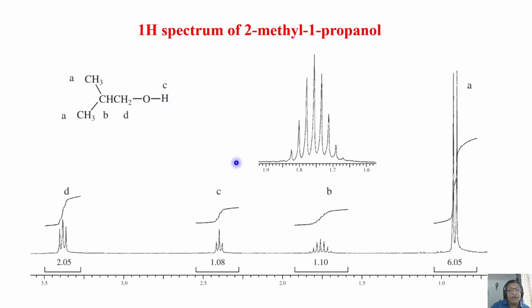Since it's not a broad peak, it might experience coupling with the CH2 protons. Quite likely. If it experiences coupling with the CH2 protons, apply the 2nI plus 1 rule, OH has to be a triplet.